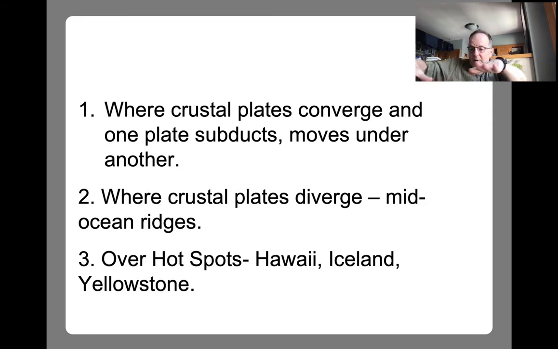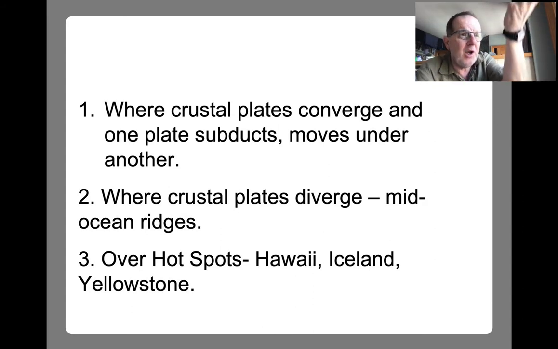Well, that's because the plate is moving over an area where the mantle is pushing up closer to the crust than in any other place in the region. And so you get these hot spots, areas where the surface crust passes over magma, lava pushing up to the surface.